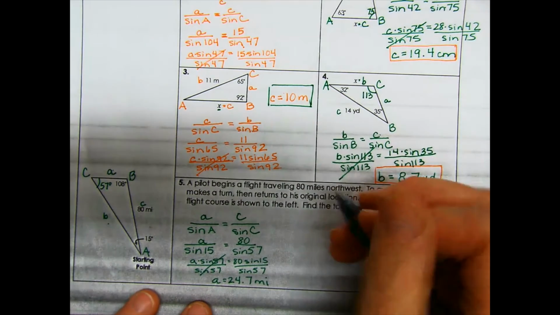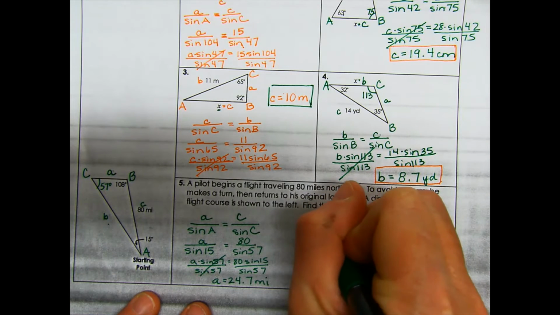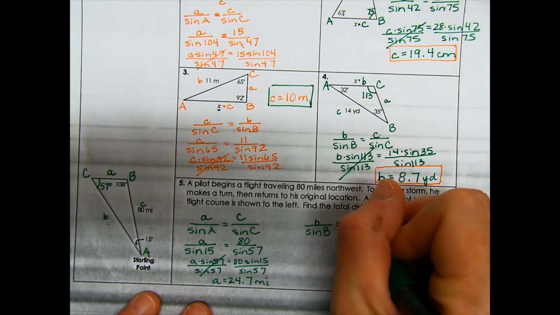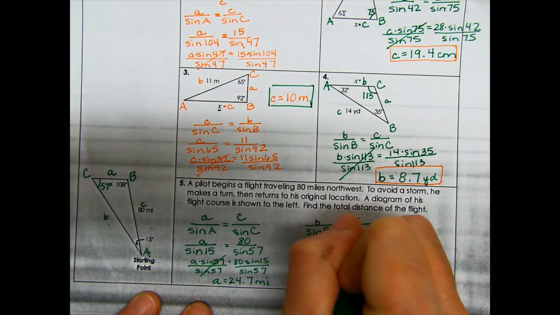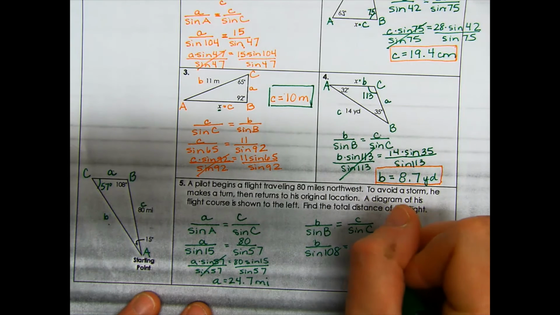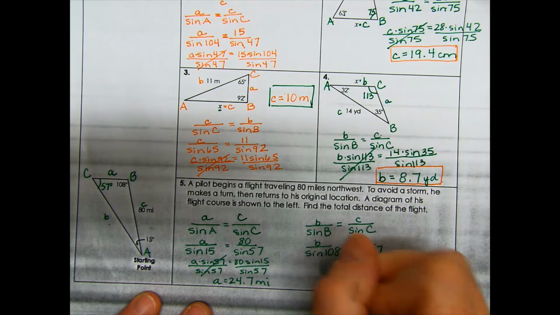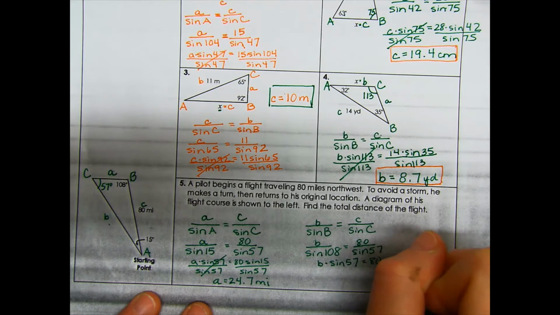And so we're going to say b over the sine of B. Remember, I said that we can only use two at a time. And we'll go ahead and use c because c was given. We know that there's no error in that. So c over sine of C. So b over the sine of 108 equals 80 over the sine of 57. So b times the sine of 57 is equal to 80 times the sine of 108.